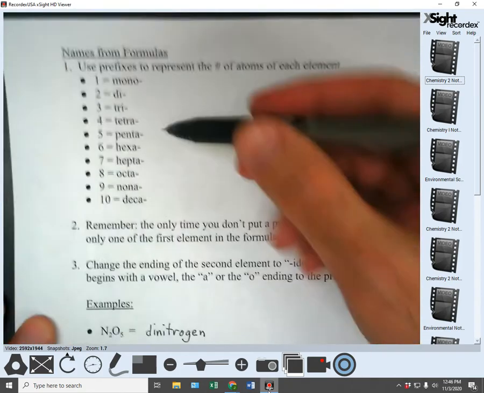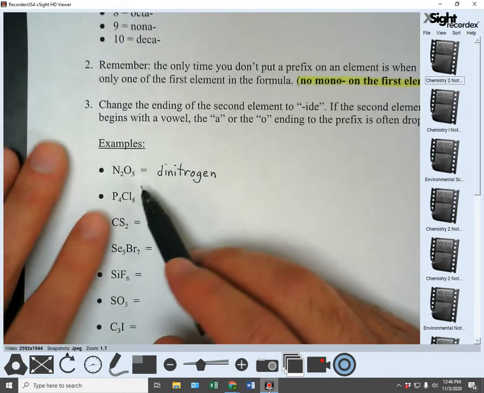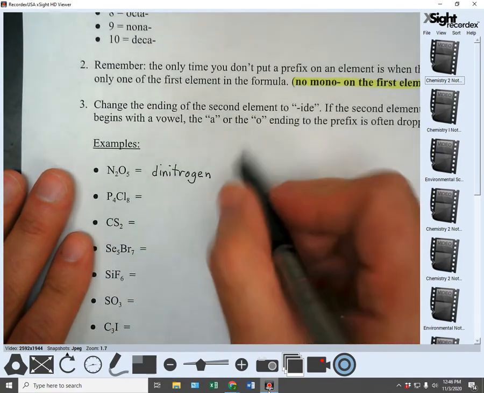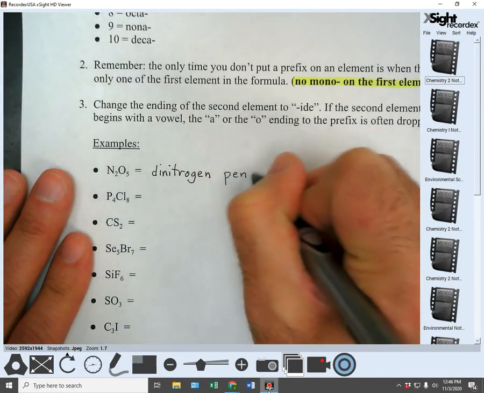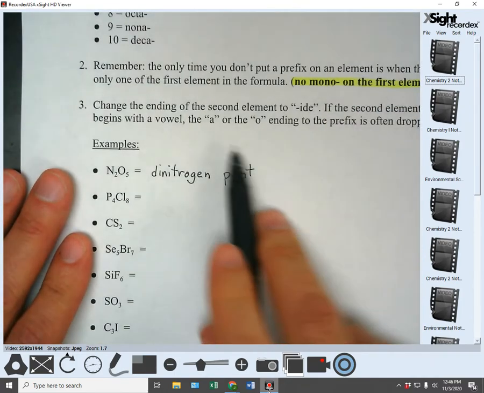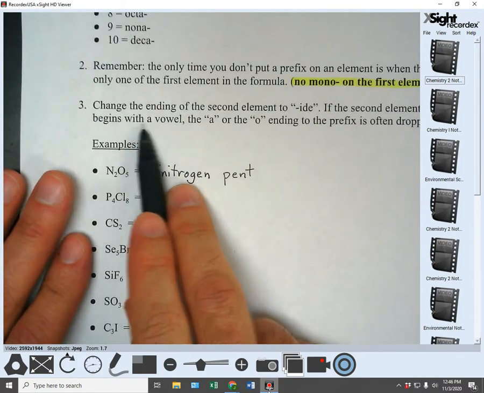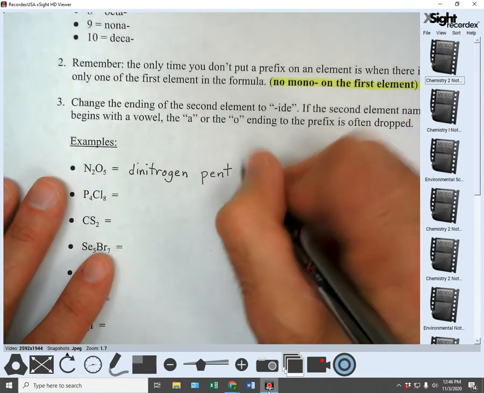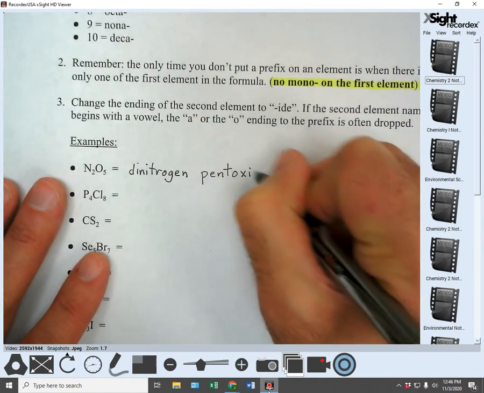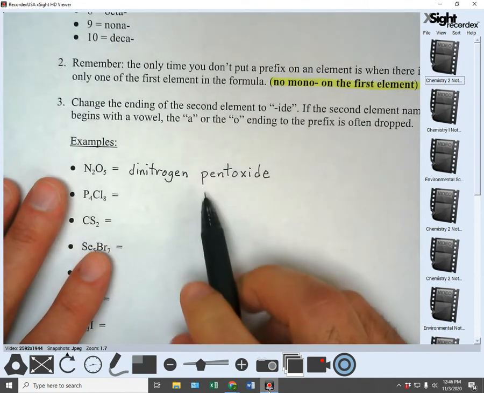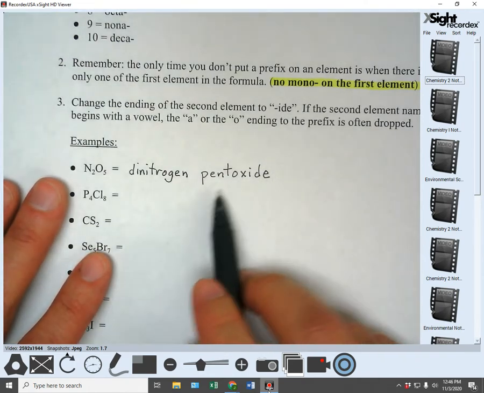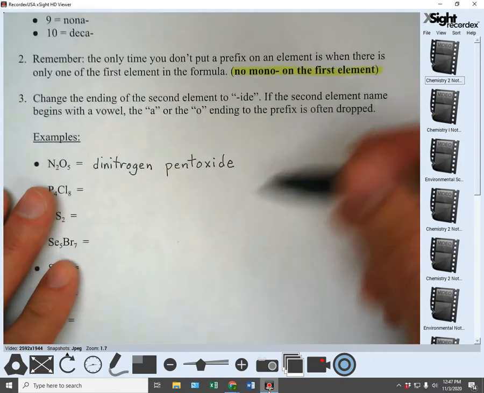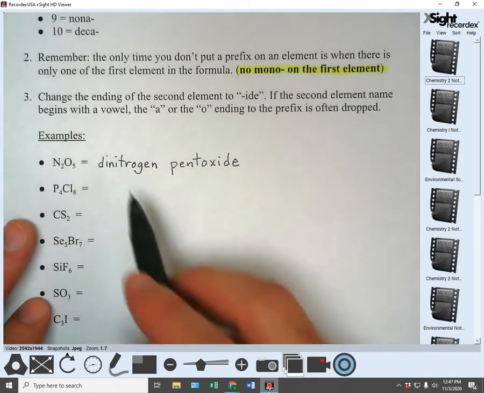Okay, 5 is penta, and oxygen becomes oxide. If the second element name begins with a vowel, the A or the O ending is often dropped. So you don't really say pentaoxide, you just say pentoxide. Now, I will tell you, if you're doing your homework and you write pentaoxide, I'm not going to mark it wrong. I'm not going to be that picky. You'll get used to hearing it a certain way as we go through them.